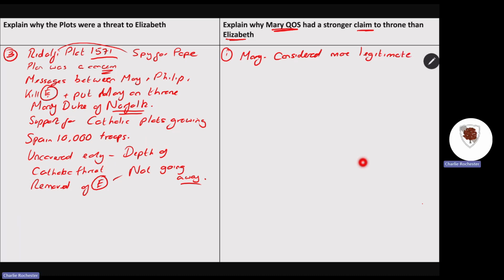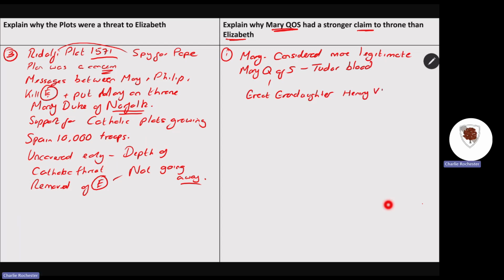So, for this, you need to really consider the fact that Mary, Queen of Scots, actually had Tudor blood. And the way she had this Tudor blood was because she was the great-granddaughter of Henry VII.